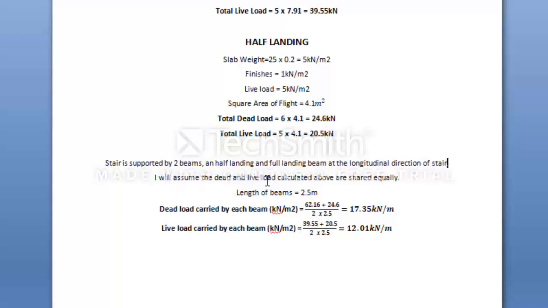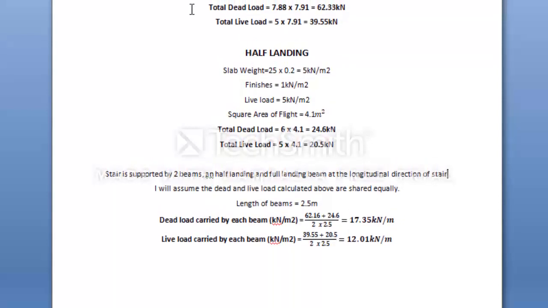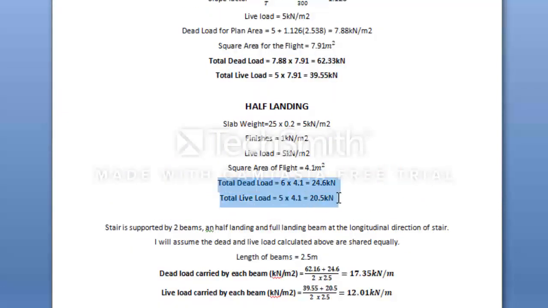And we assume the dead and the live load calculated above are shared equally between these two beams. So the beams are the supporting element, and I assume the dead load calculated for the flight and also the dead load calculated for the half landing are shared equally between the two beams.